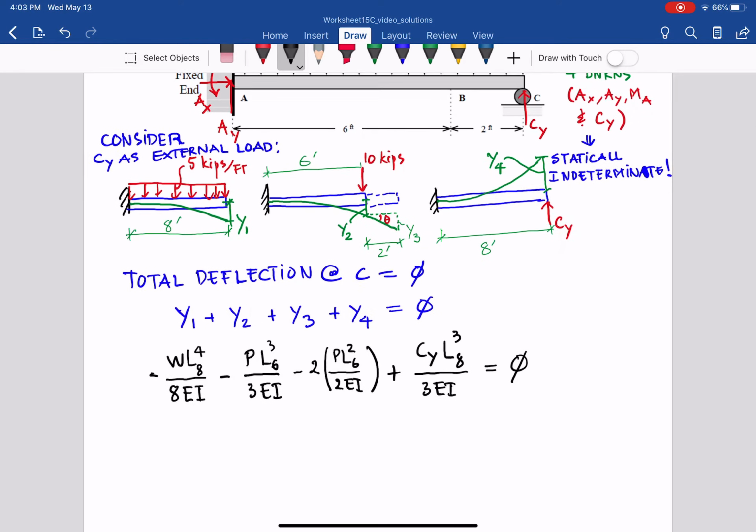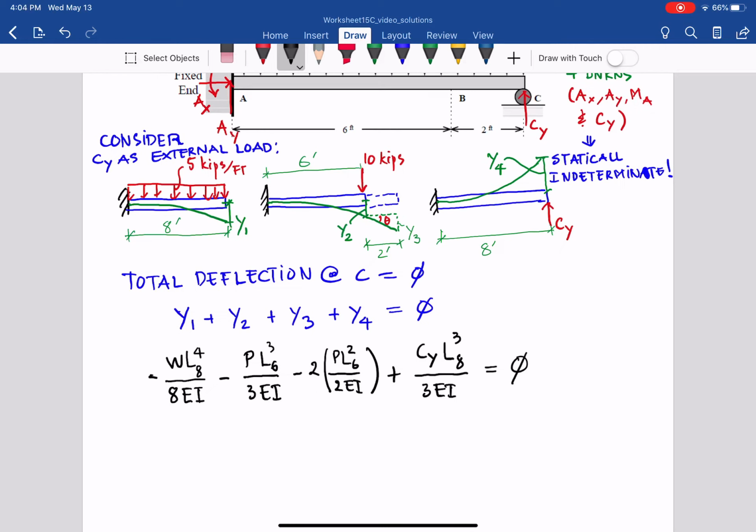So we can cancel out EI, the same for all. Now we plug in: W is 5, L is 8 to the power 4 over 8, minus P, 10 times 6 to the power 3 over 3, plus CY times 8 cubed over 3, equal to 0.